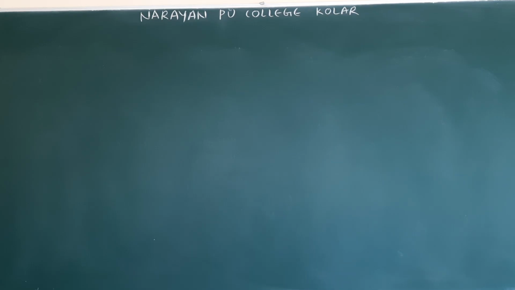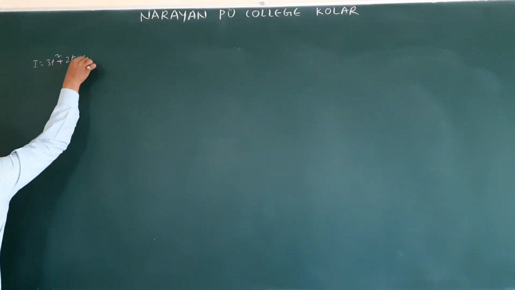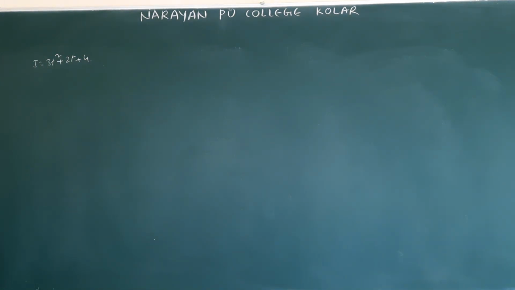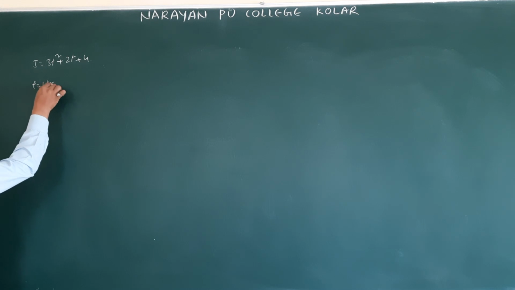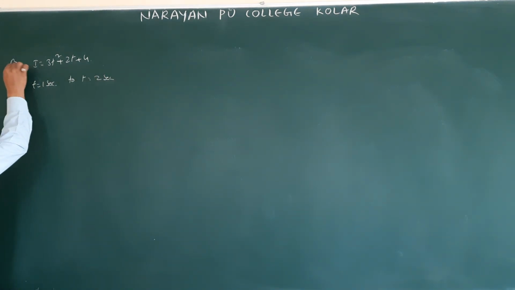Now question number 3. The current in a conductor varies with time as I is equal to 3t square plus 2t plus 4, where I is in amperes and t is in seconds. Find the electric charge flowing through a section of the conductor during time t equal to 1 second to t equal to 2 seconds.